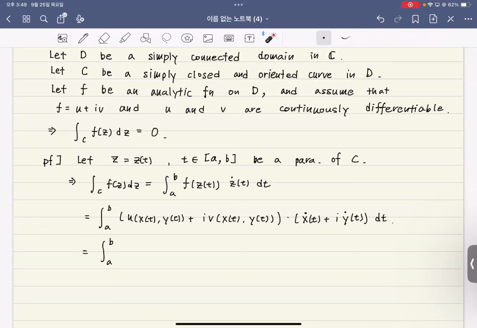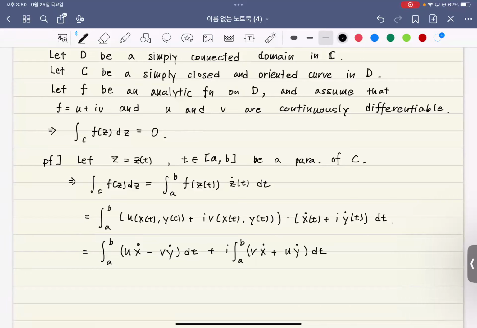I'm getting tired of writing x(t) and y(t), so please allow me to drop these. I will just write these as u times x dot minus v times y dot, times everything dt, plus i times the integral of v times x dot plus u times y dot, everything dt.